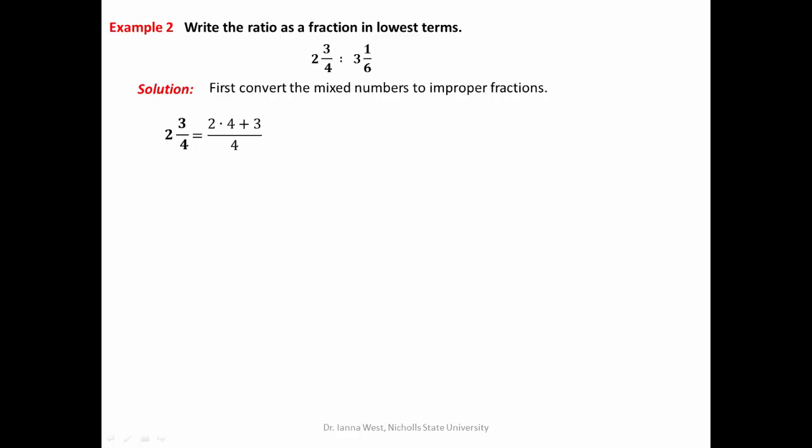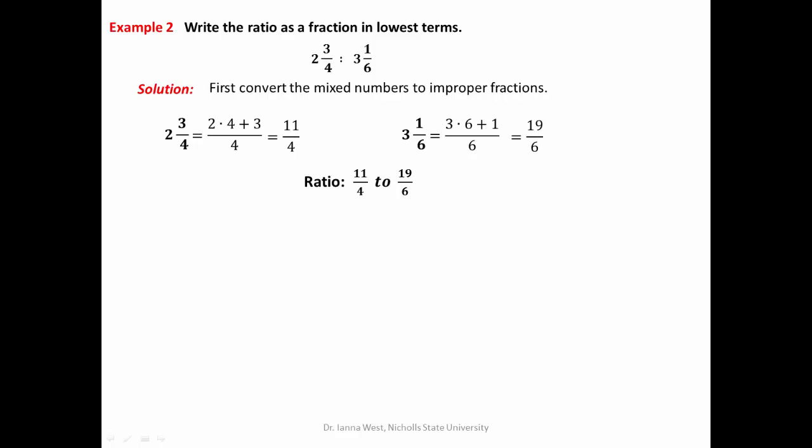This gives us the improper fraction 11 over 4. Converting 3 1/6, we will multiply 3 times 6, add 1 to that result, and divide by 6. This gives us the improper fraction 19 over 6. We now have the ratio 11 over 4 to 19 over 6.